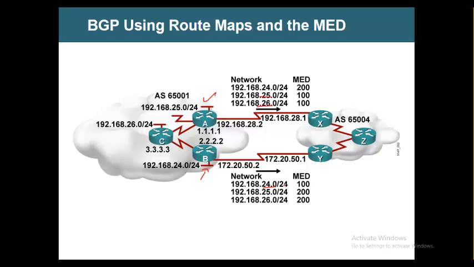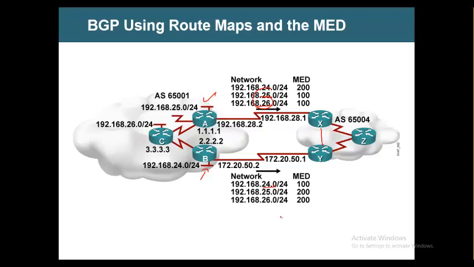But how does Y know that X is the best one to reach 25 and 26? It is through one wire here, which is not shown in this picture.